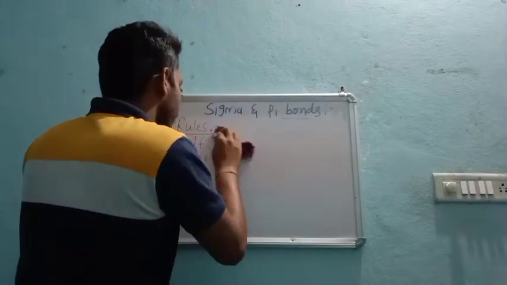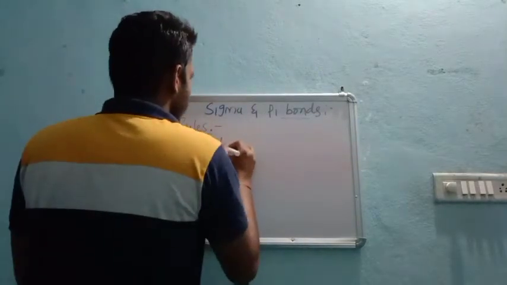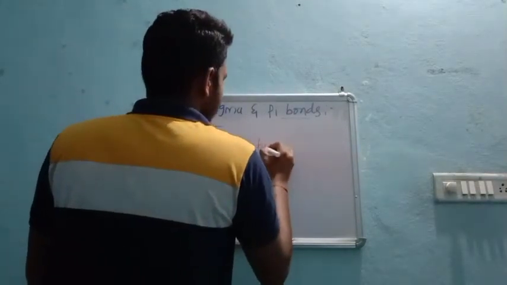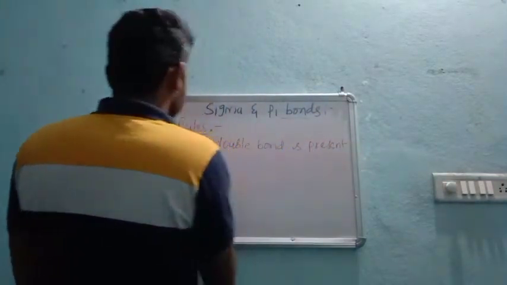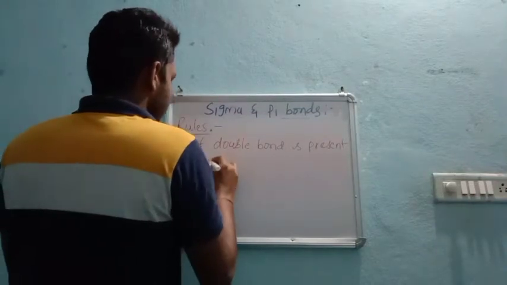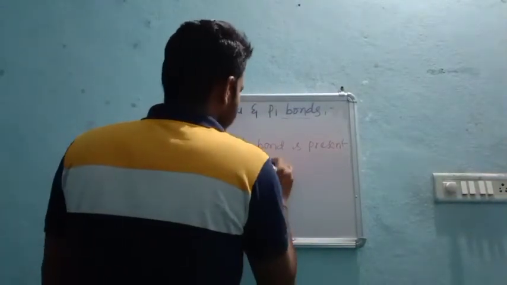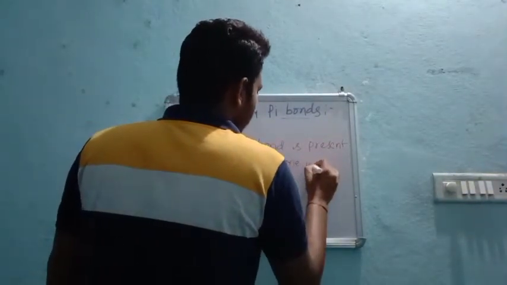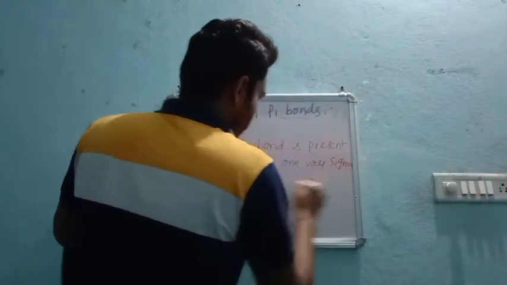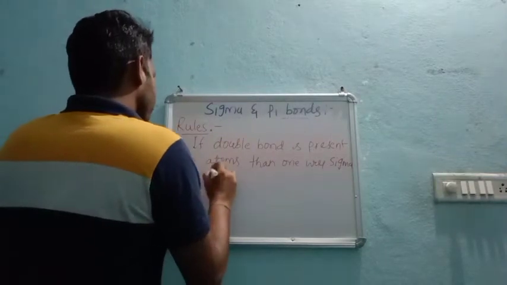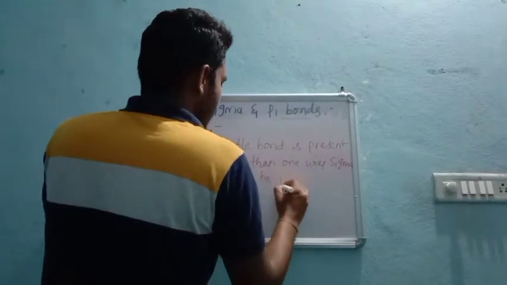Again, if a double bond is present between two atoms, then one will be a sigma bond and the other will be a pi bond.